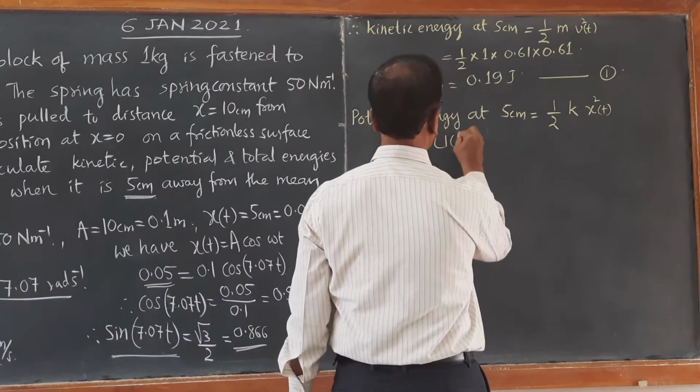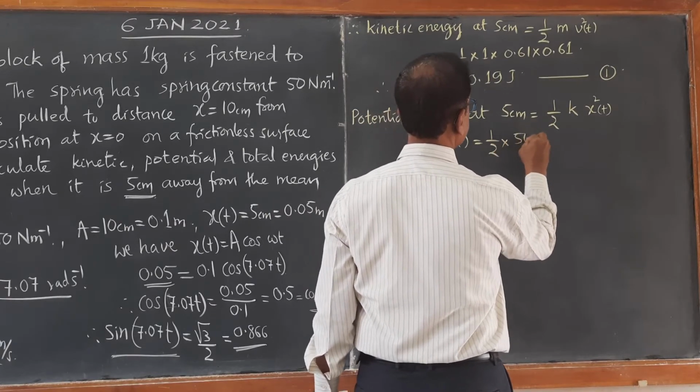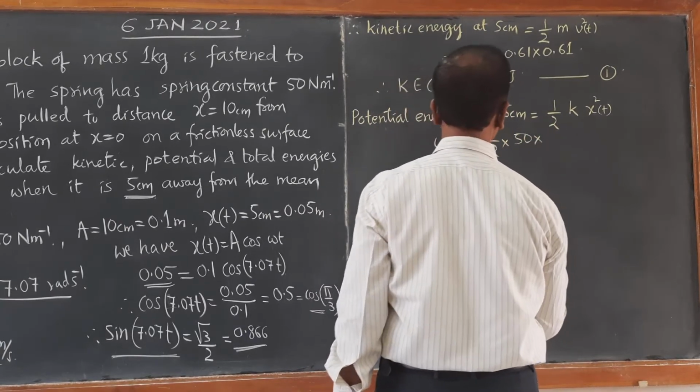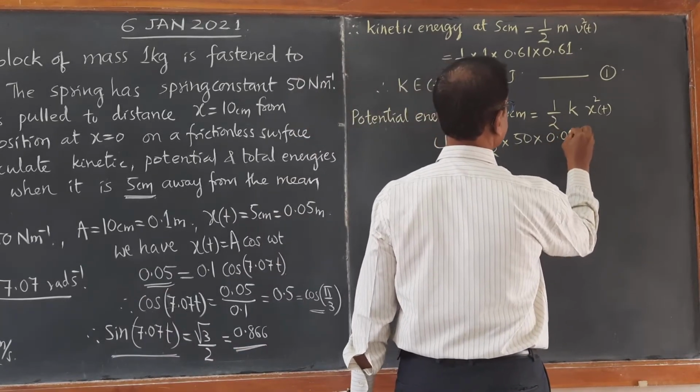So U at that time is equal to half into 50 into x square, where x is 5 centimeter, written as 0.05.